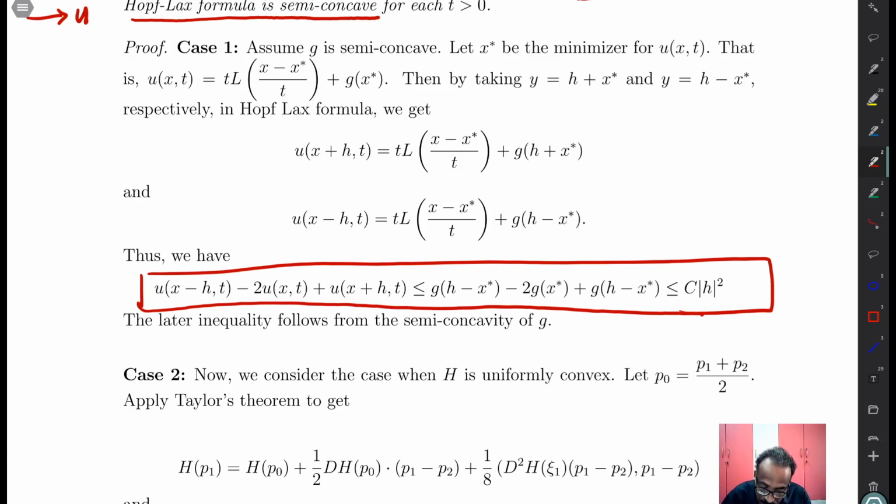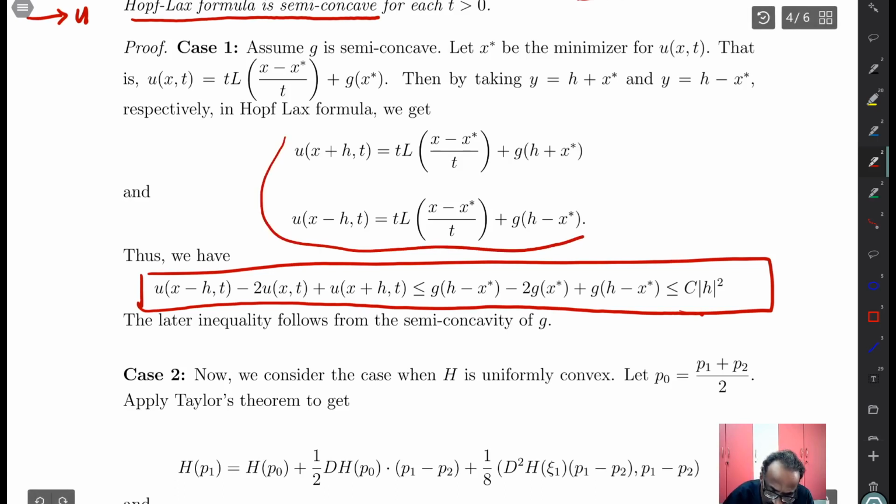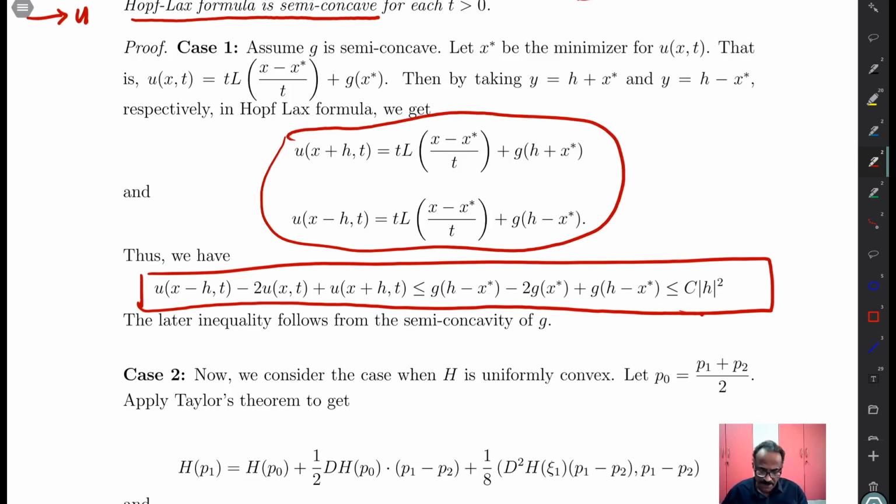Since g is semiconcave, you have this estimate. So you are just computing, because it's given by the Hopf-Lax formula, and basically choosing this x star here. You see the Hopf-Lax formula given here, and that's all you are choosing.